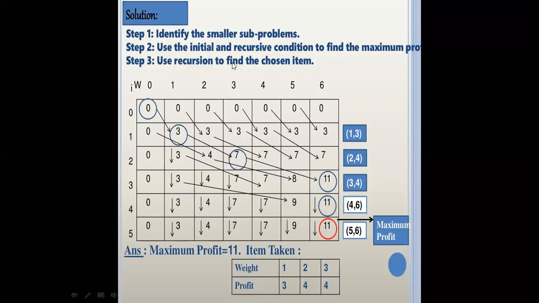Again, we are going to solve the knapsack problem, but this time we are going to apply a different methodology.